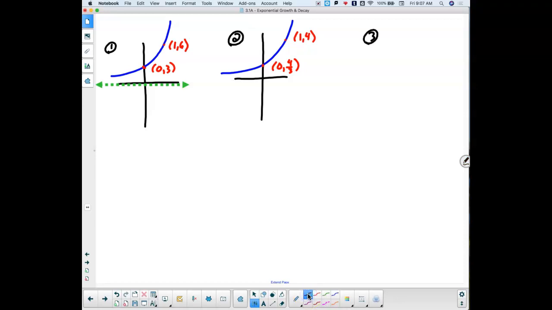Third one should have been a decay. And so it should have gone through 0 comma 6 and 1 comma 2, or I would have also accepted negative 1 comma 18.